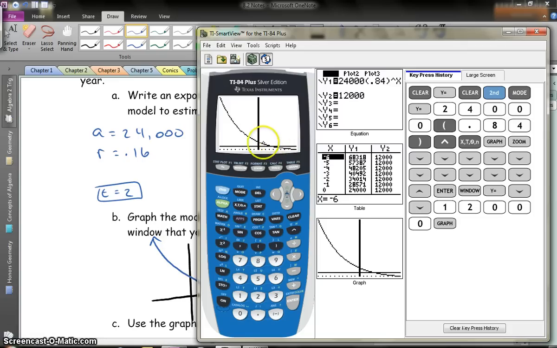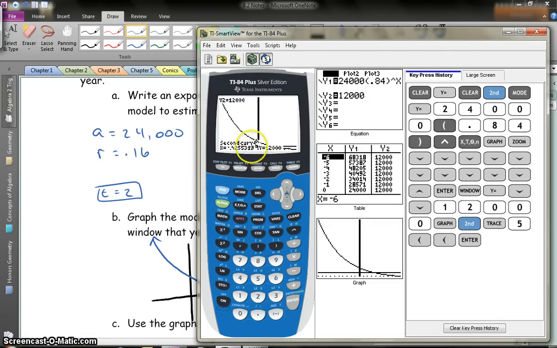I want to know what value of time will my car be worth $12,000. So we're going to calculate that intersect. Second, calculate. Intersection is number 5. My first curve, we're on the exponential function, enter.